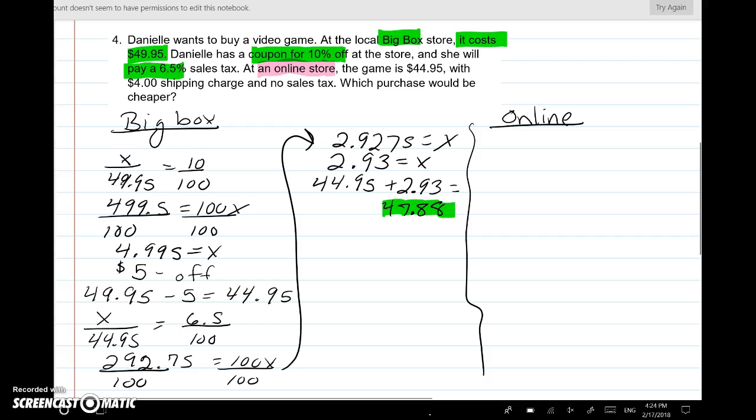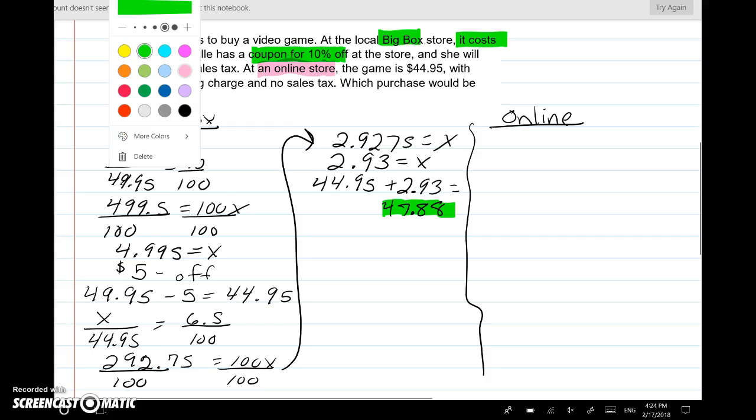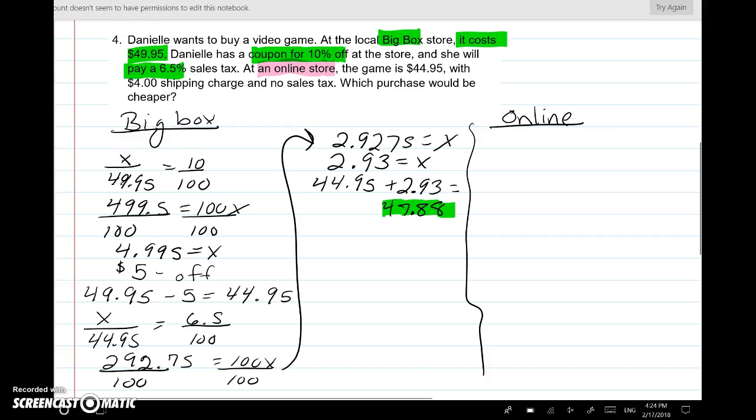Let's look at online now. Online, the game is $44.95, which is about what it is without the tax. I mean, without the tax and just the coupon. And then she has to add a $4 shipping charge. But there's no sales tax. So for online, it's $44.95 plus $4.